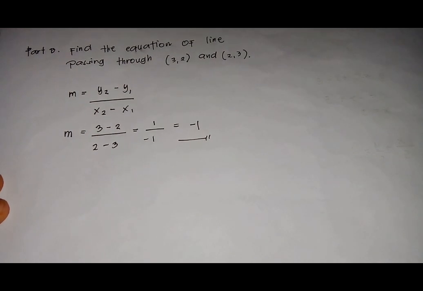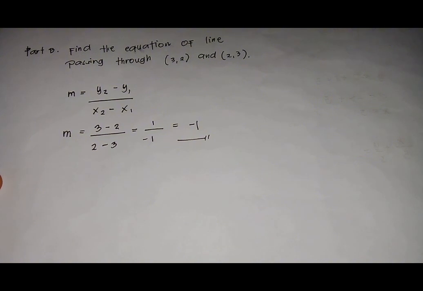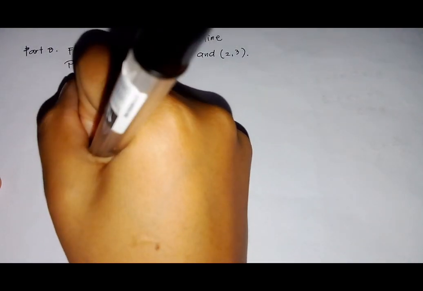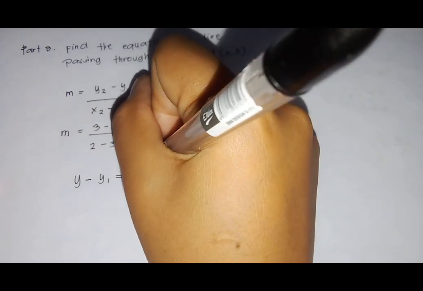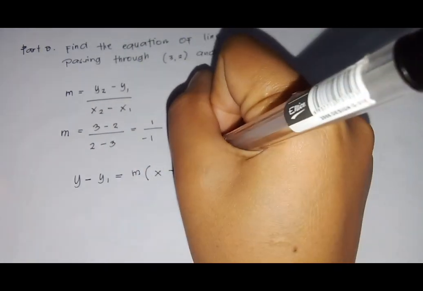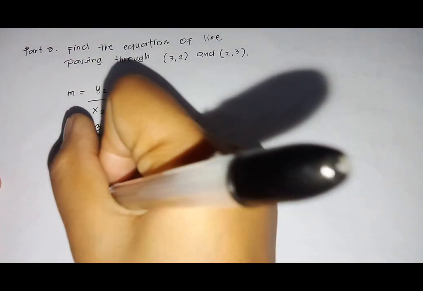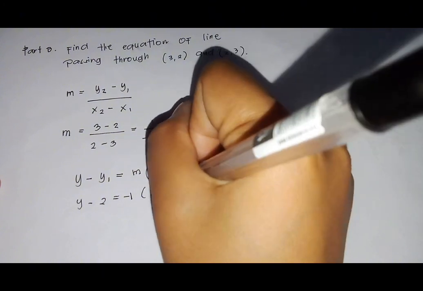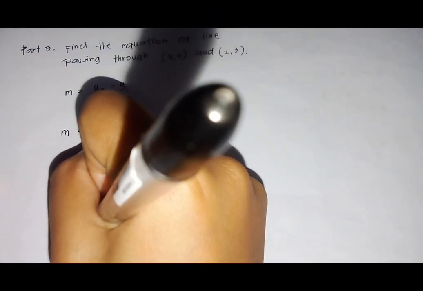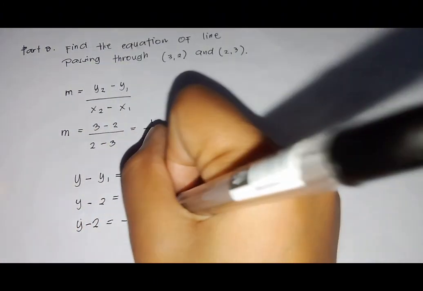For the slope-intercept form, using the slope m = -1 and the point (3, 2), we can use the point-slope form: y - y1 = m(x - x1). So y - 2 = -1(x - 3).